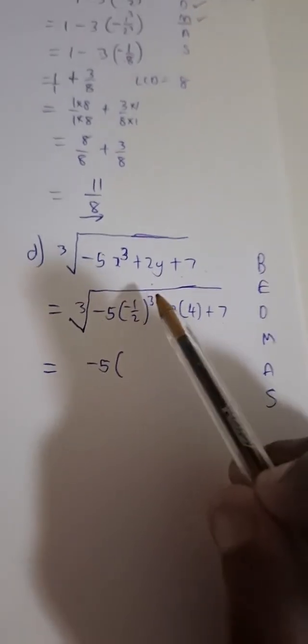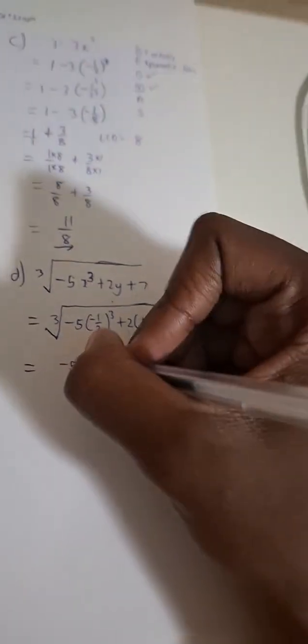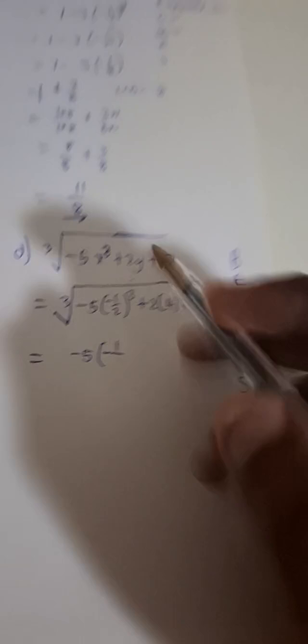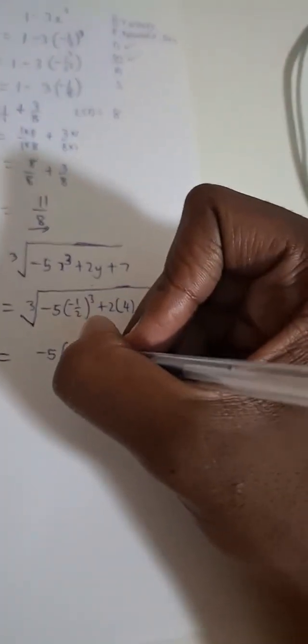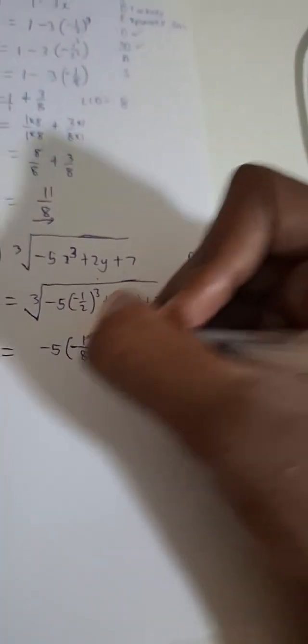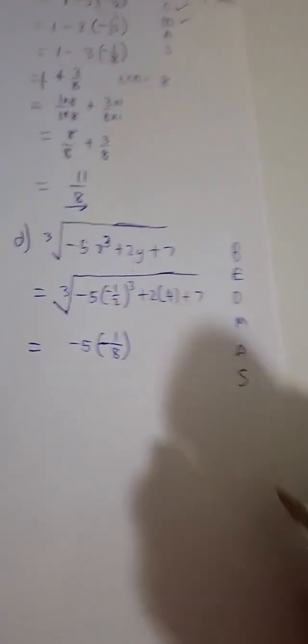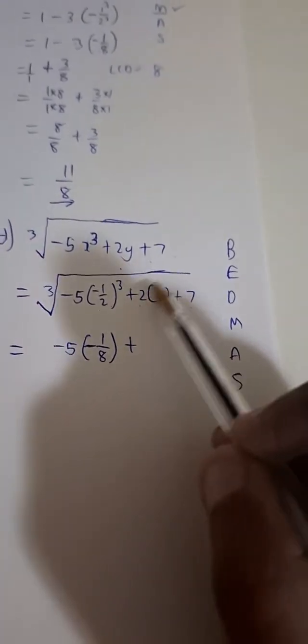So a 3 exponent, if I apply it to a negative sign, it stays negative. Then of course, if I apply the exponent to the 1, it's 1. If I apply the exponent to the 2, it becomes 2 to the power 3, which is 8. So I have a negative 1 over 8 plus, here's another 2 and a bracket.